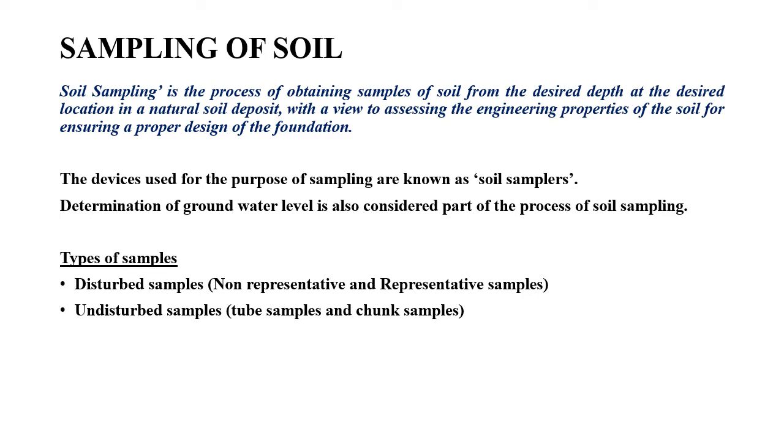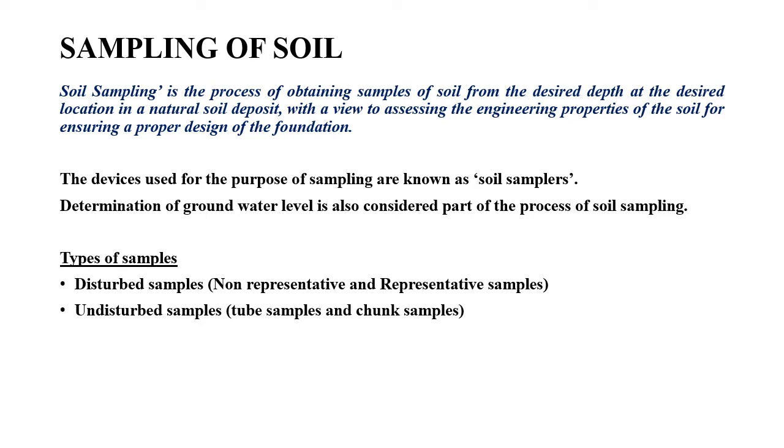Now, disturbed samples can further be classified as non-representative and representative samples. Non-representative samples means in some cases the soil samples would contain a mixture of mineral constituents. Those mineral constituents will not pertain to the soil sample from a certain depth.